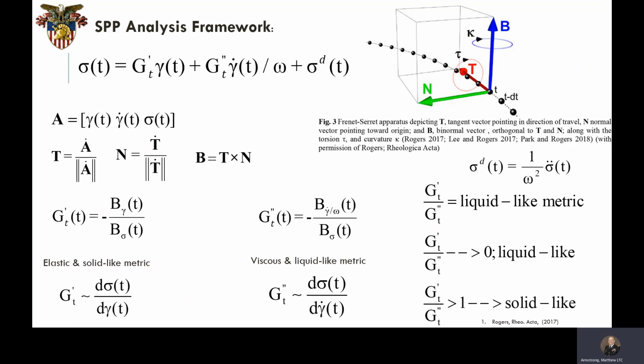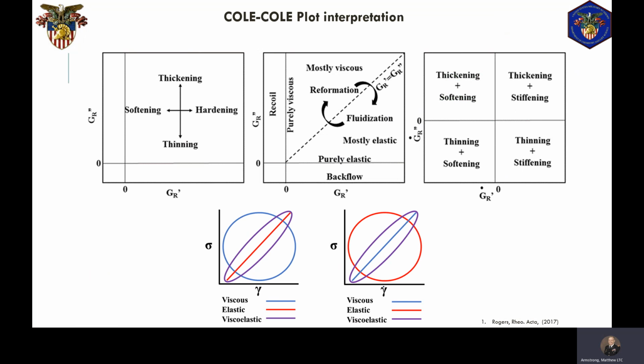One of the strengths of SPP is that it incorporates data from every single time point instead of assigning average values over a whole period, allowing us to see the evolution of the elastic and viscous-like behavior over a period of LAOS. This particular mapping allows us to interpret the Cole plots, which you're about to see on the next slide. Really, we can map out things like thickening and thinning and softening and hardening and attempt to marry that up with our understanding of the microstructure.